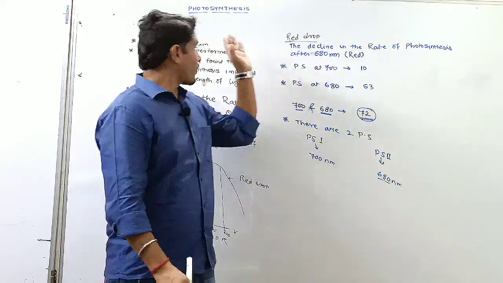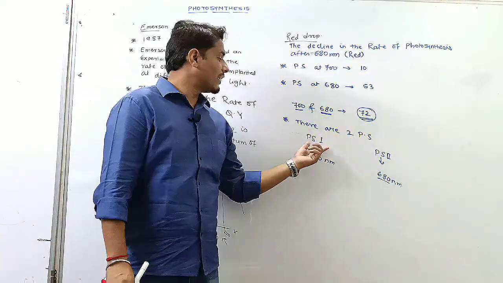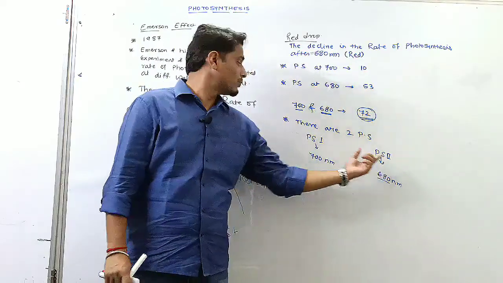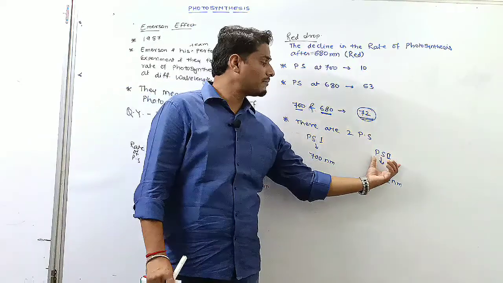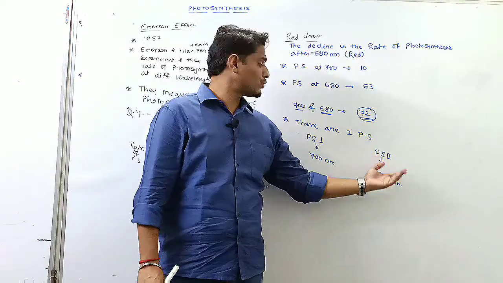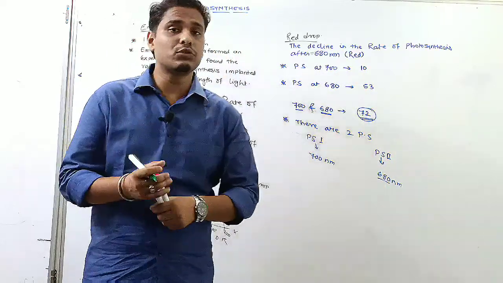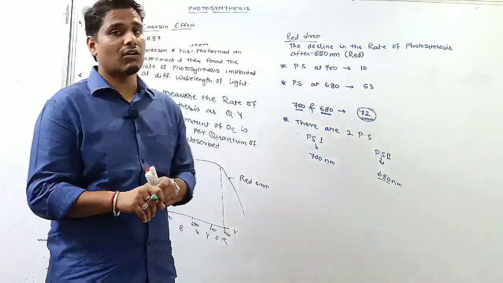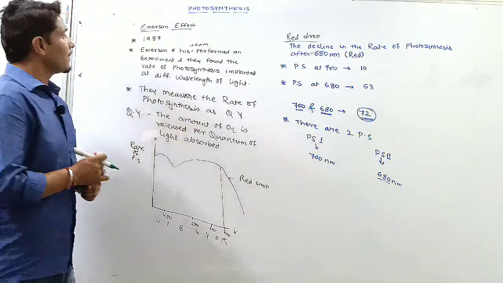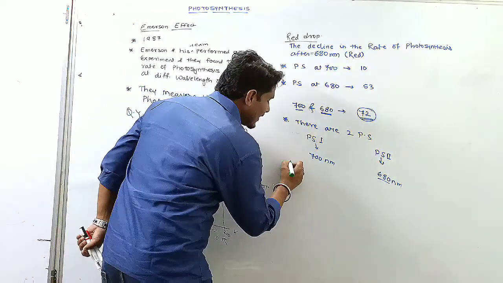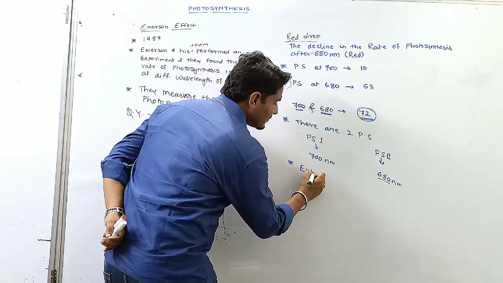So from the same experiment he concluded there are two photosystems, PS1 and PS2. This is the Emerson effect.